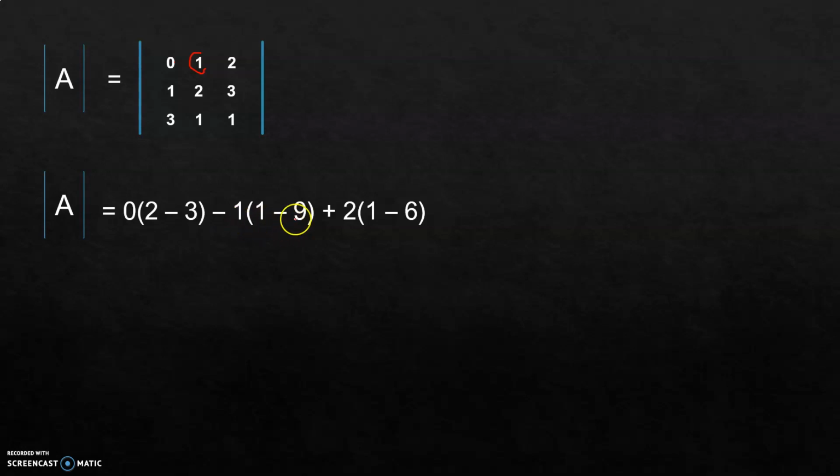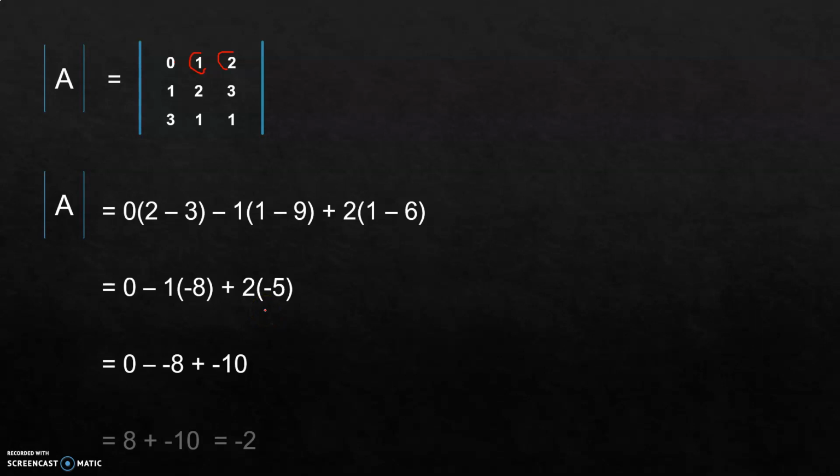Next one it is plus 2 into, leave the third column and the first row, 1 into 1, 1 minus 2 into 3, 6. So solve it: 0 into minus 1 into minus 8 plus 2 into minus 5. By solving it, you will get minus 2. It is the determinant value of matrix A, minus 2.